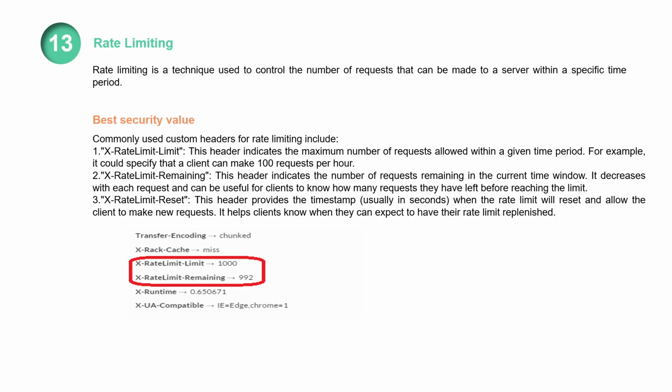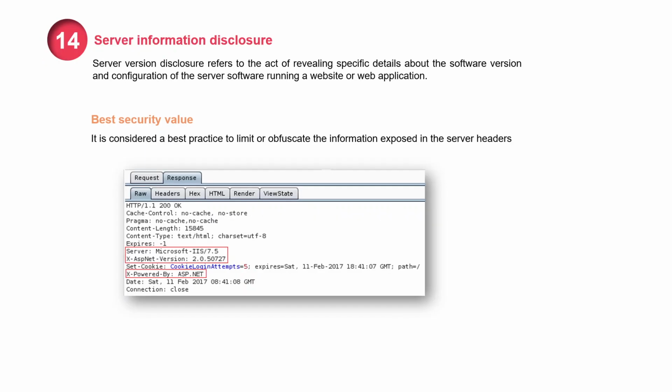Rate limiting just controls the number of requests coming to a web application. I cannot say most DoS or DDoS attacks, but up to some level of DoS or DDoS attacks, this particular header can save you.